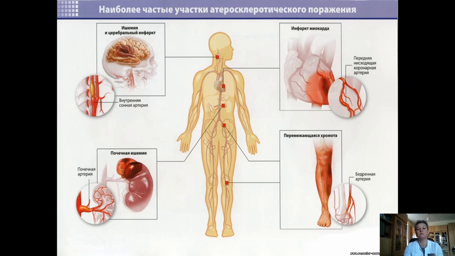So in this scheme you can see many organs affected as a result of atherosclerosis in many vessels: ischemic stroke, myocardial infarction, intermittent claudication, and renal ischemia with macrotuberous nephrosclerosis.